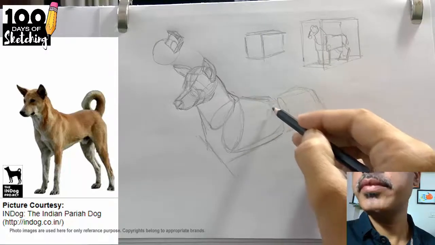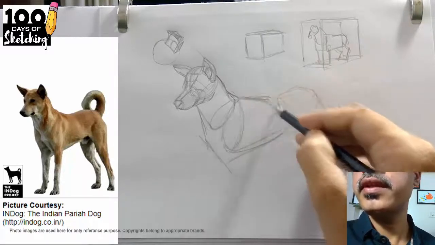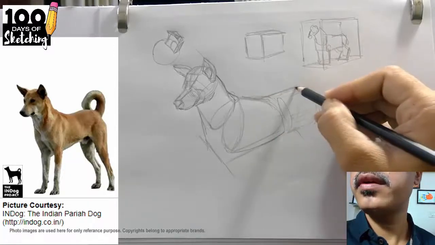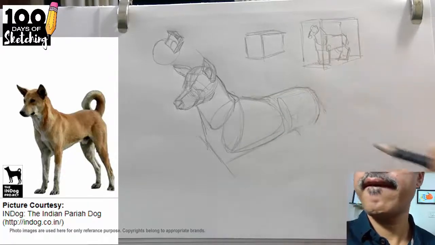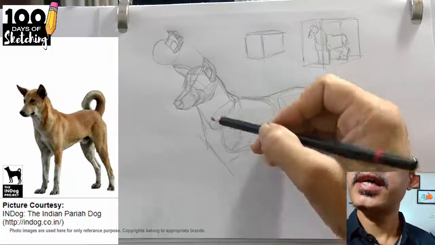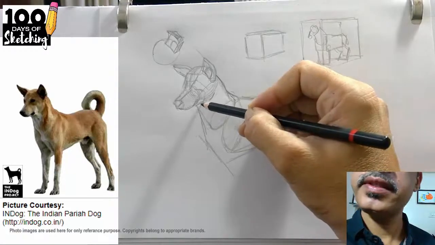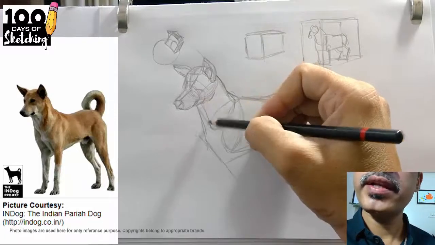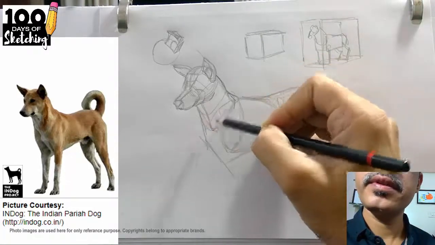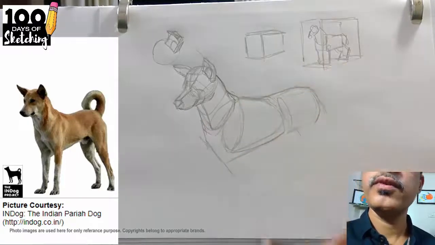You can see little muscles coming here, and then this portion is the center point of the cylinder, and this is the roundness of the neck.